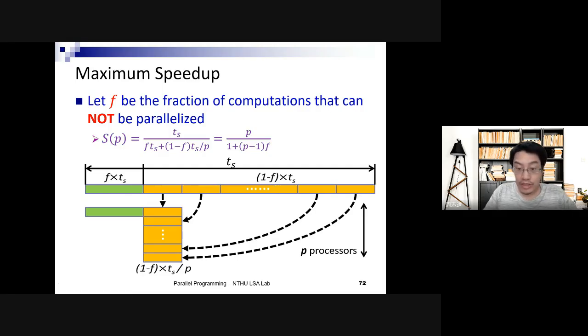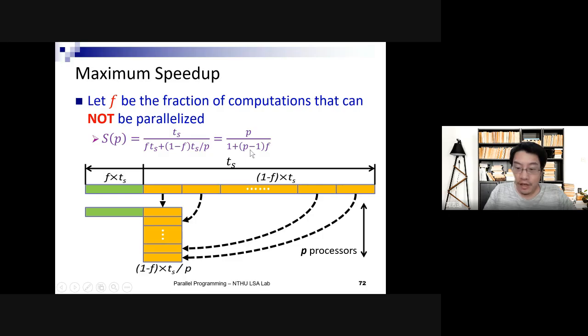And so the computation time will be evenly divided by the number of processors you use. So you get this value below. Okay, so you add them together. That is your time in parallel. So based on our definition for speed up factor, you can do the computation and reduce it to this equation here.